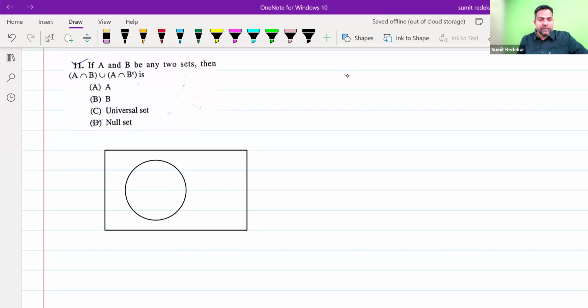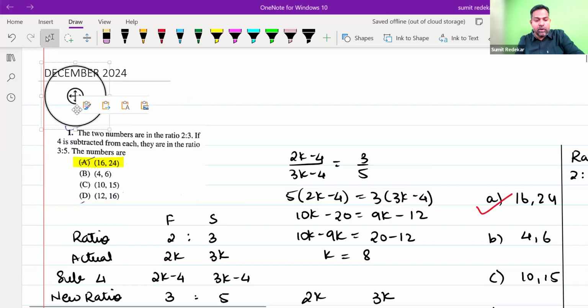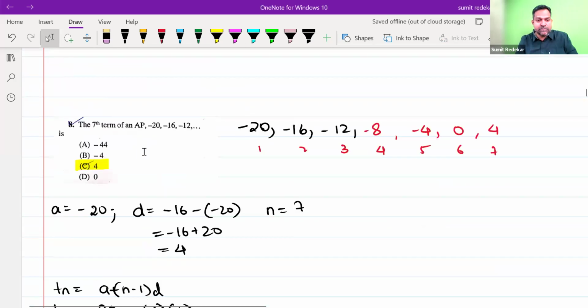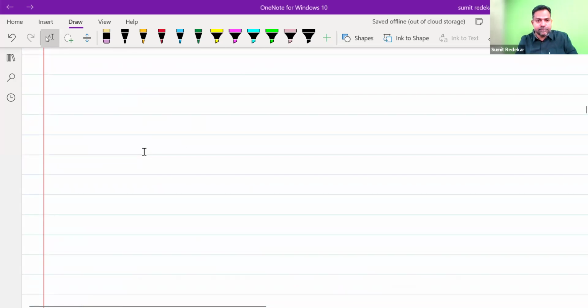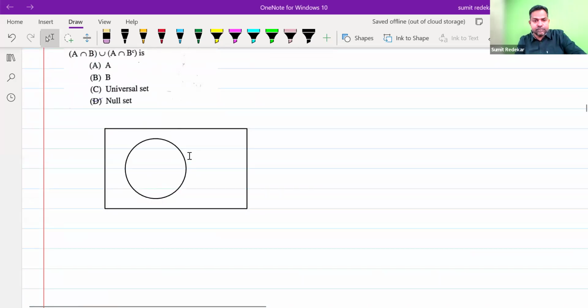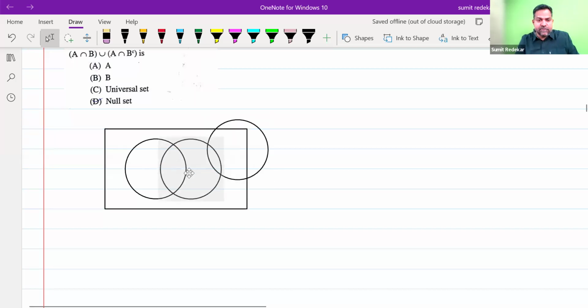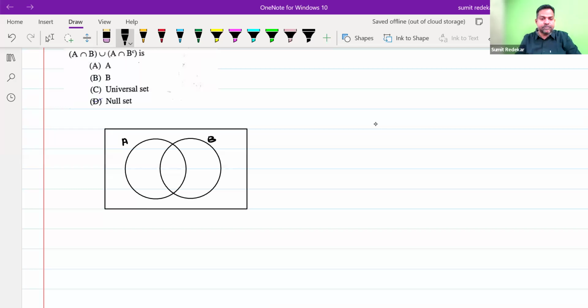So to begin with, I am going to draw an A. I am going to draw a B in a universe. This is A and this is B. Let me make a copy of this because they're asking you to unite the two.